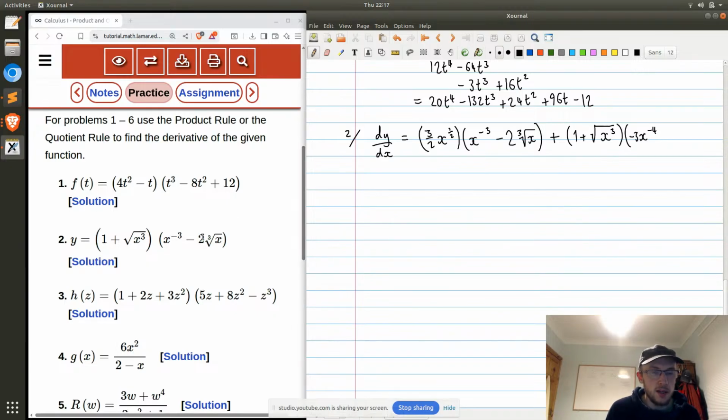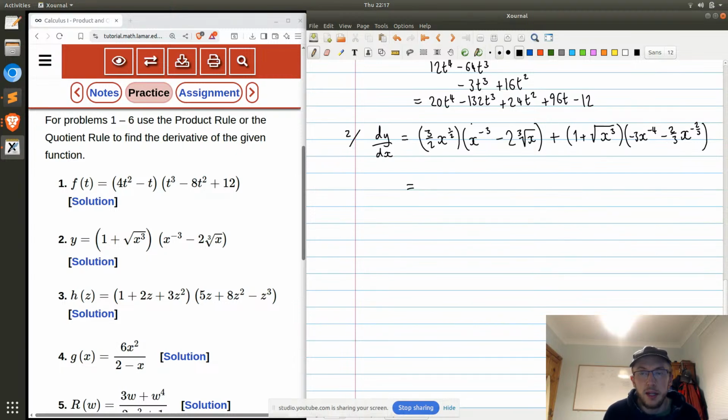And here, this is negative 2x to the 1/3, so it becomes negative 2/3 x to the negative 2/3, like that. We could multiply everything out here.